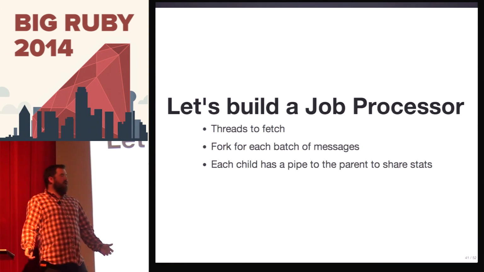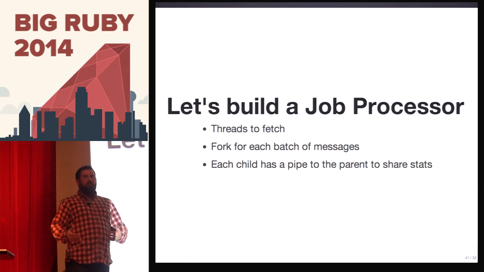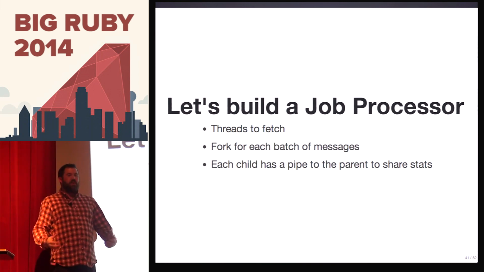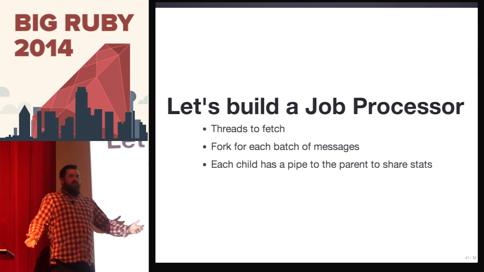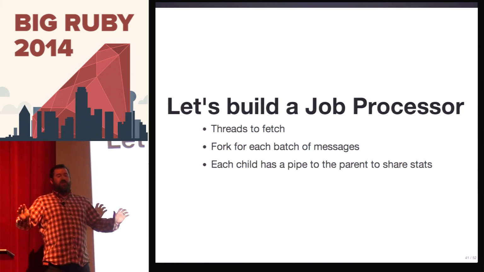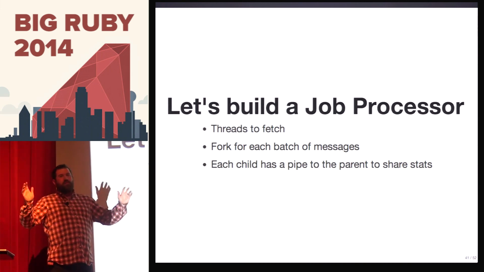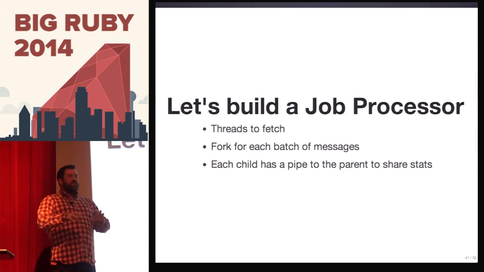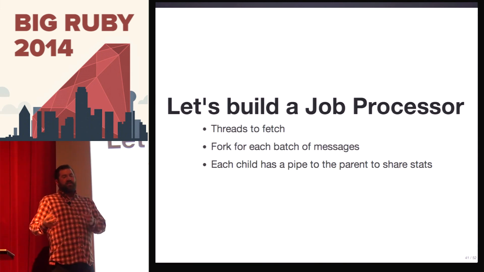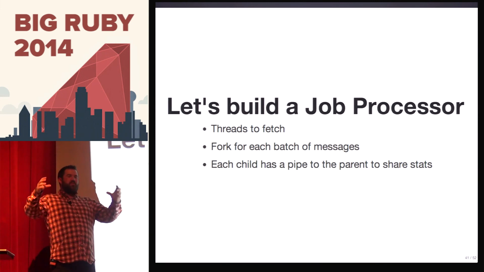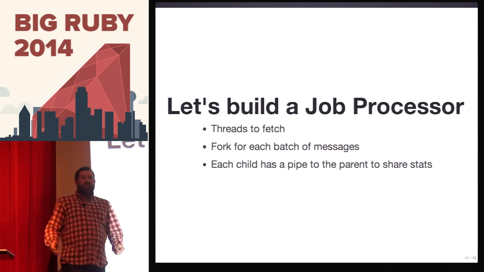So let's talk about how we can make our SQS job processing work for us. Let's start by fetching with threads. I know, I just got done telling you we can't use threads and threads are terrible. We can't use threads to actually process the jobs. That's scary. But if we want to use threads to just get more data out of SQS faster, that's okay.